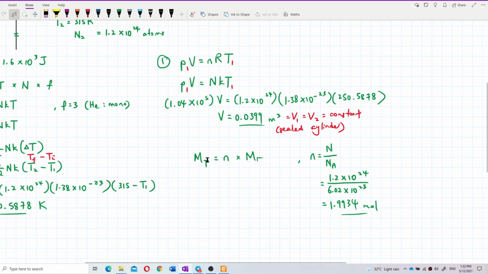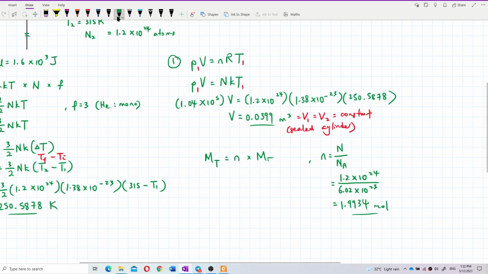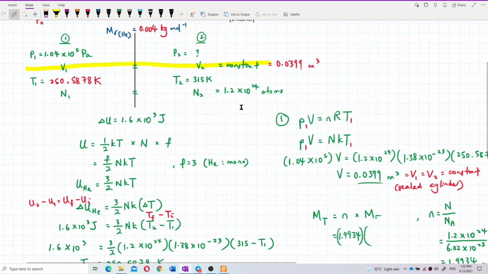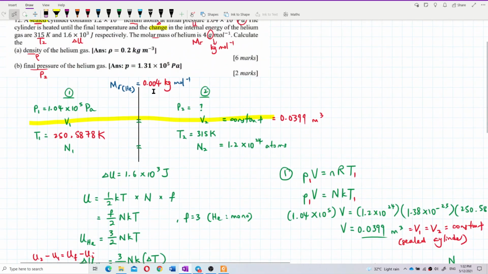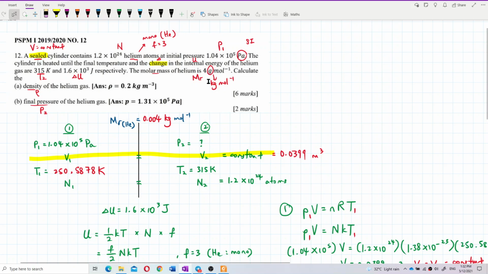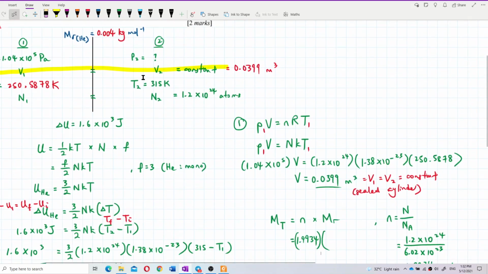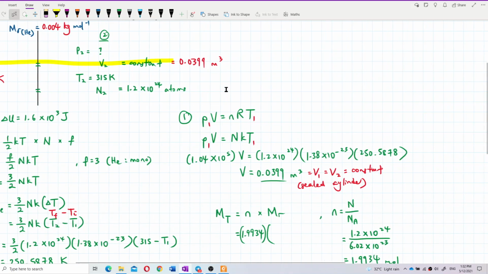So you can find the total mass of gas. The total mass of gas will be 1.9934 mole multiplied by the molar mass. What's the molar mass? I already changed to SI unit, right? 0.004 kilogram per mole. Must change to kilogram, cannot use gram. Write that down.